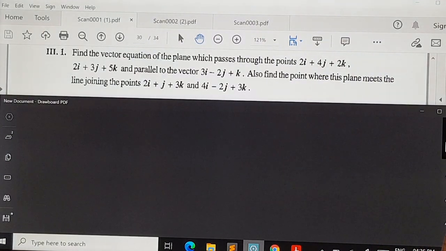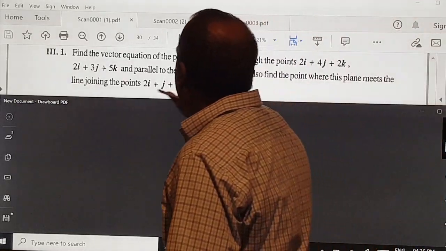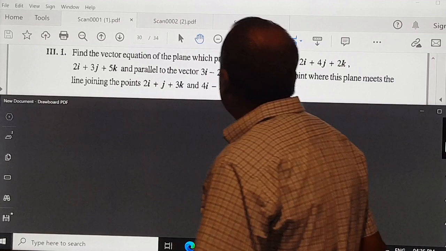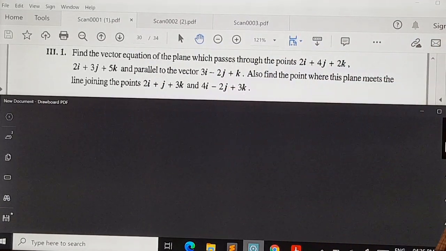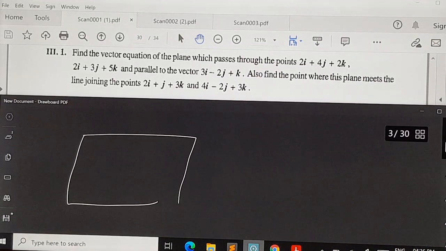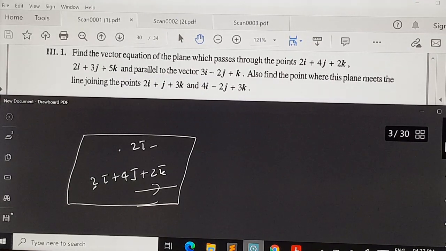We want the vector equation of the plane passing through 2 points and parallel to this vector. Next, another part is there. Let us first find that plane equation. We are given 2 points and a vector parallel to the plane. The points are 2i bar plus 4j bar plus 2k bar, and the other one 2i bar plus 3j bar plus 5k bar.